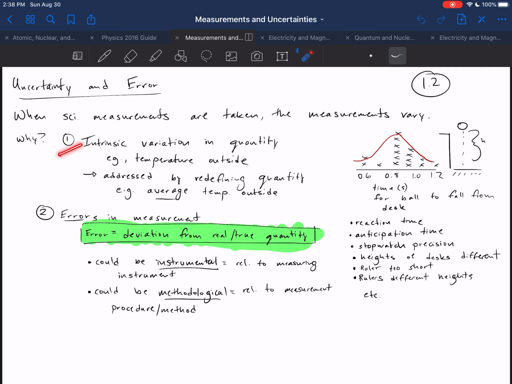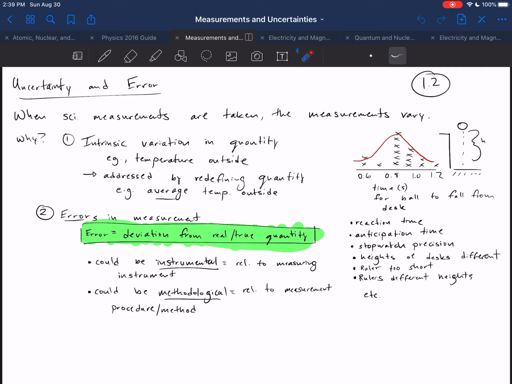The first reason is actually there is an intrinsic variation in the quantity being measured. All right, what does that mean? Well, imagine that if we were all in the classroom, the actual heights of the different desks that people were measuring turn out to be different, even though we thought they were the same.